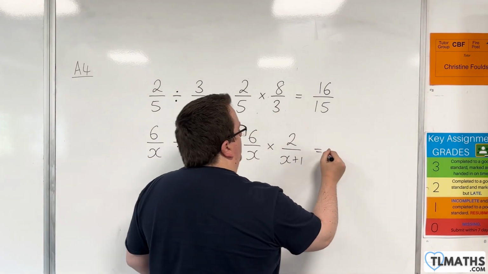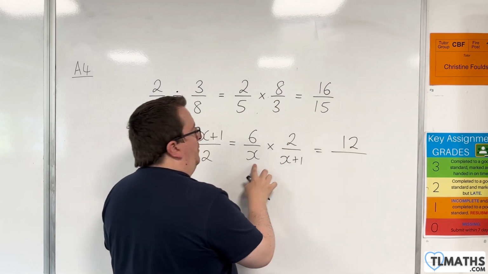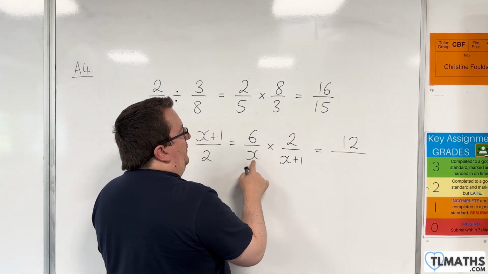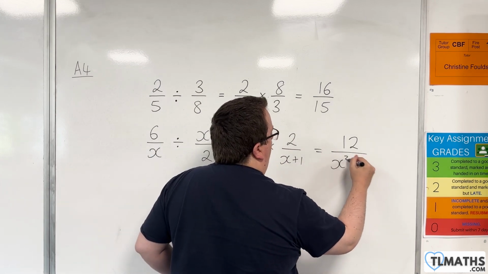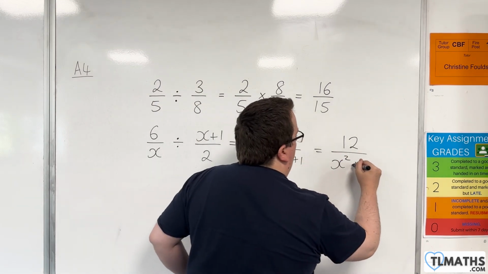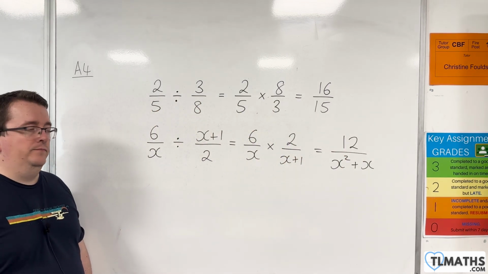We then multiply the numerators. 6 times 2 is 12. Multiply the denominators together. So this is x times x plus 1. So x times x is x squared. x times 1 is x. So I would have 12 over x squared plus x.